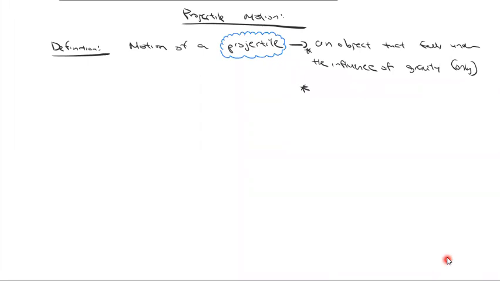So we are ignoring air resistance. So air resistance might exist in real life, but for your course in physics, we're ignoring it. If you're doing 4-unit maths, that might not be the case, but we are ignoring air resistance here. And your motion of your projectile, there are no other forces except gravity.